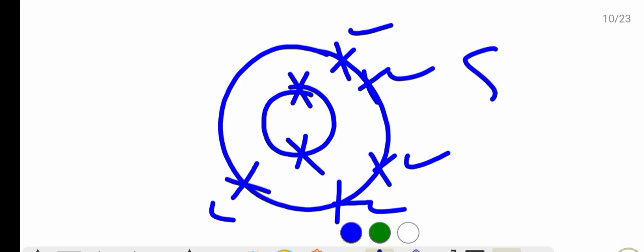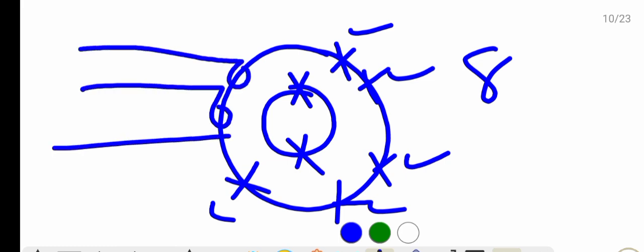For each to have 8 in the outermost shell, we need 3. So aluminium, the cation in that previous lesson, could have been the donor here of those 3 electrons. These lines are just showing us that they're coming from somewhere. This is not a mandate, I'm just doing this for comprehension, really.